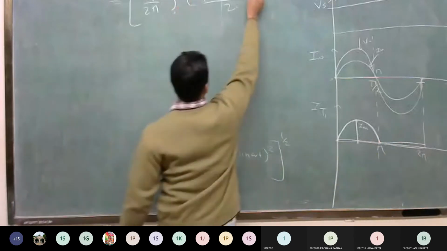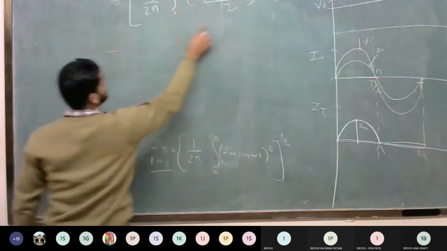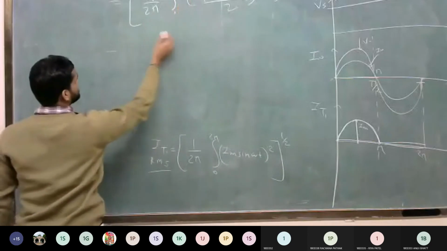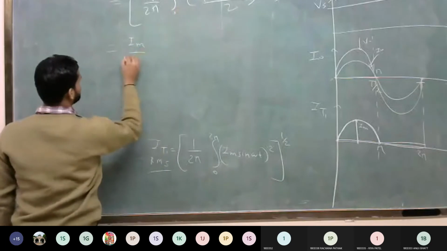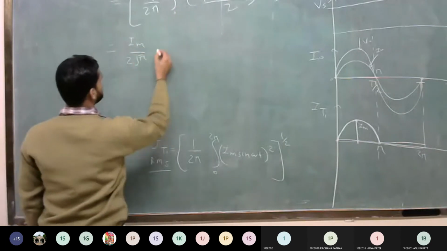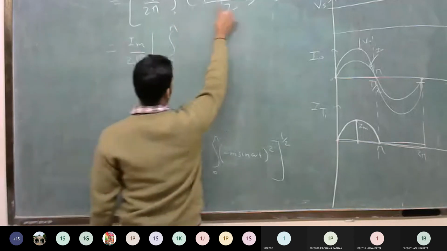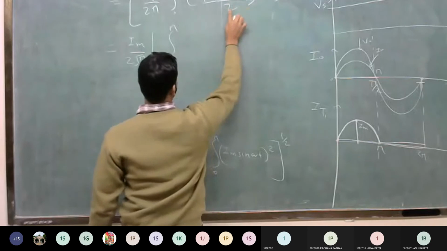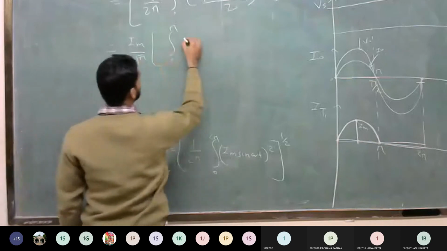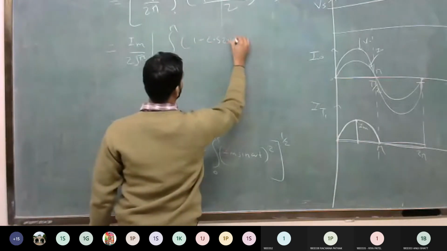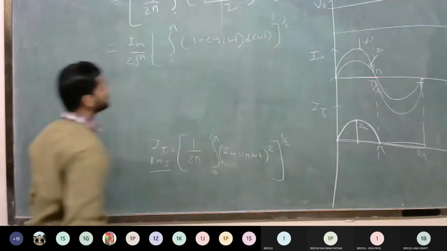Clear? So here, let's solve this. This 2 is multiplied here, so it becomes 4 pi. So Im square divided by 4 pi, come out of the square root, so this becomes Im divided by 2 square root of pi. And we take integration 0 to pi. The only part remaining is 1 minus cos 2 omega t d omega t, raised to 1 by 2.